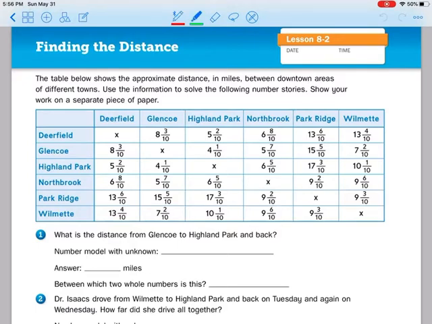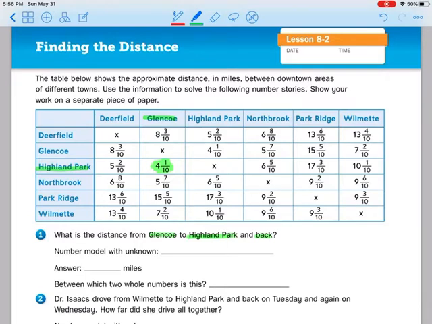It says, what is the distance from Glencoe to Highland Park and back? So if I look at Glencoe and Highland Park, and I go down and see where they meet, it's 4 miles and 1/10 of another mile.